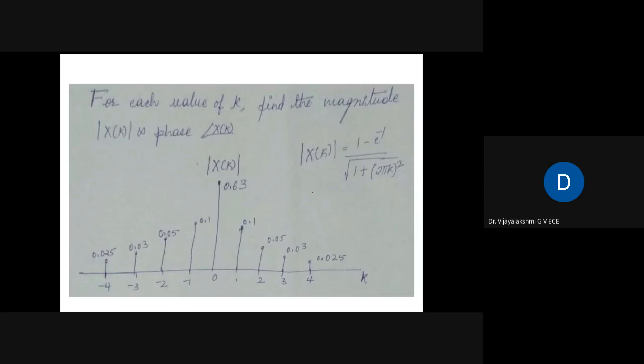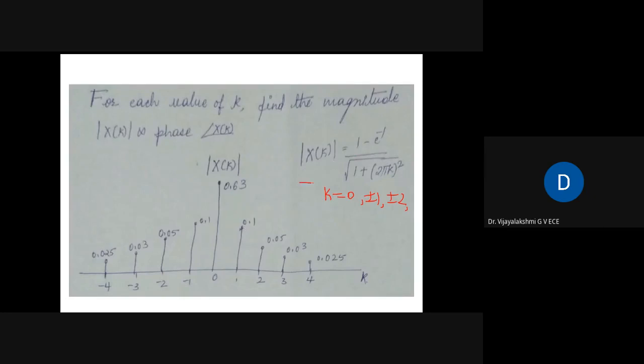Now you have to keep varying the values of k. So 0, plus or minus 1, plus or minus 2. A few values you vary. So in this equation, keep on varying the values of k, and for every value of k, find out the magnitude of x of k.